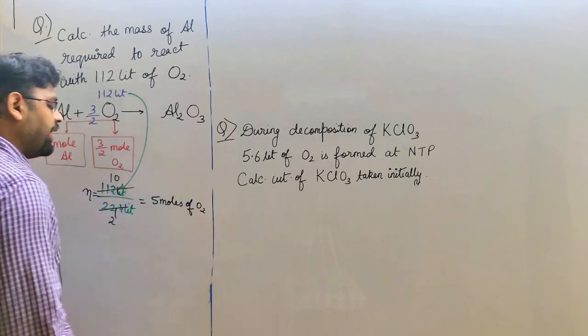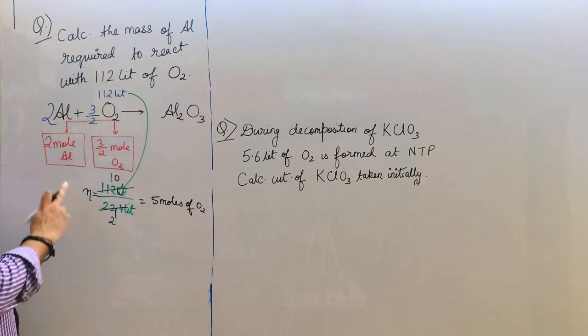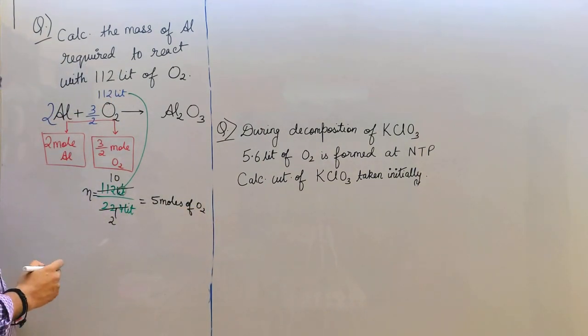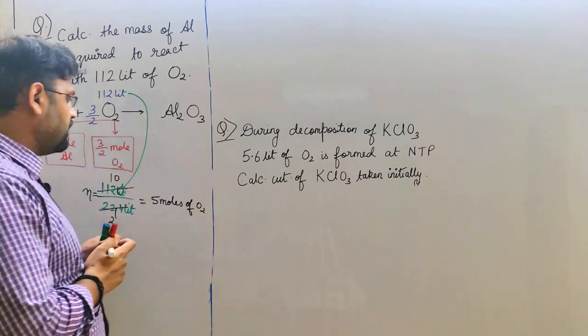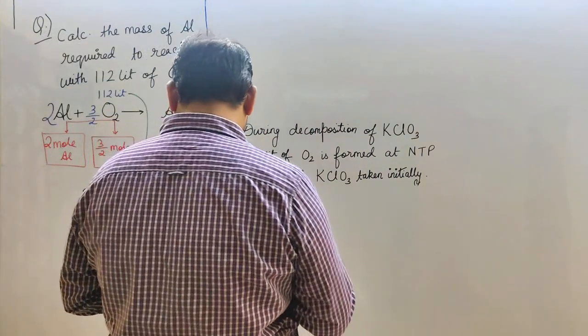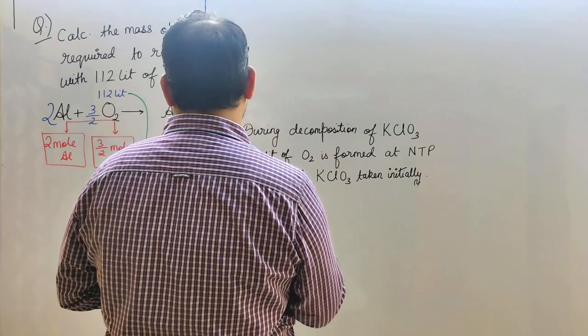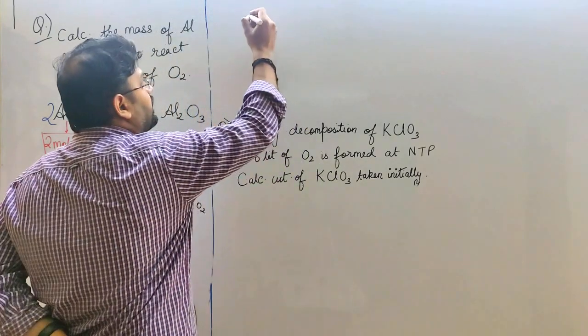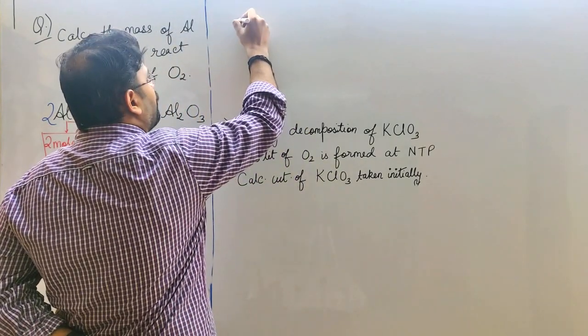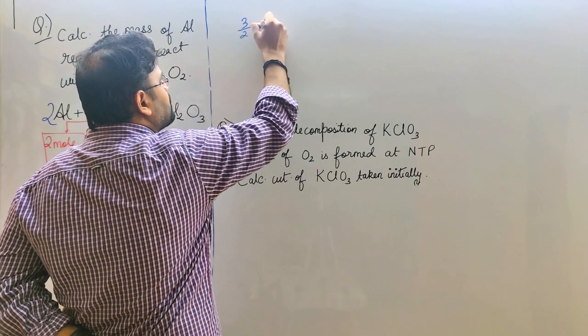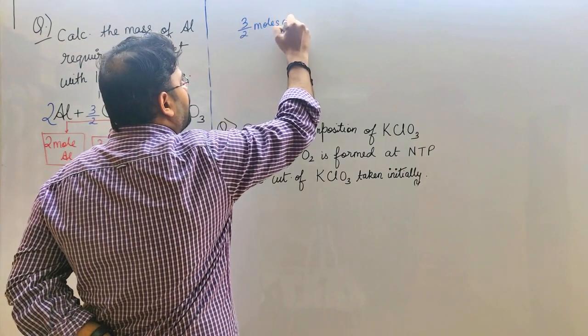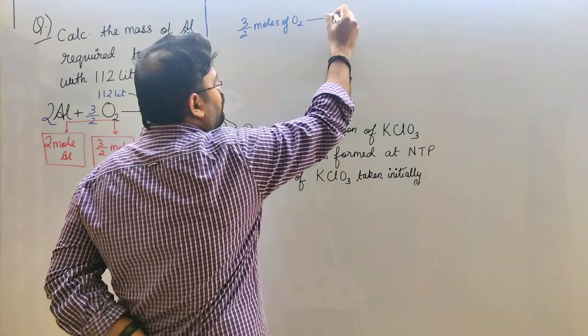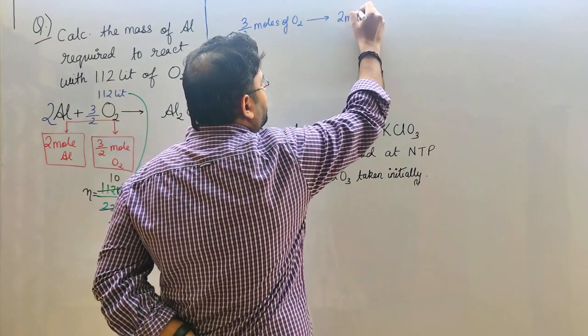We need to find for 5 moles of oxygen how many moles of aluminium are required. I'll solve it here. 3 by 2 moles of oxygen requires 2 moles of aluminium.